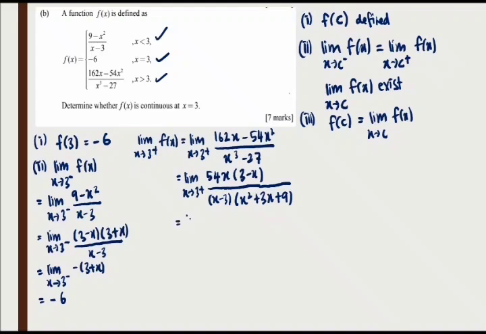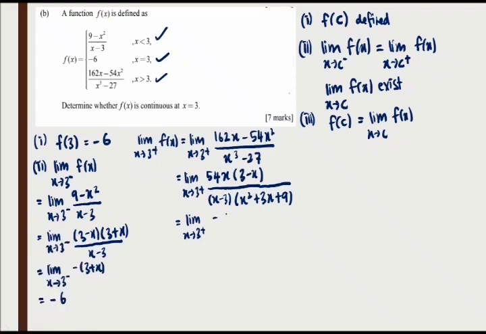So now we will have the limit of x approaching 3 from the right. To simplify 3 minus x and x minus 3, you actually need the negative sign. So you have to factor out the negative sign first for the numerator.